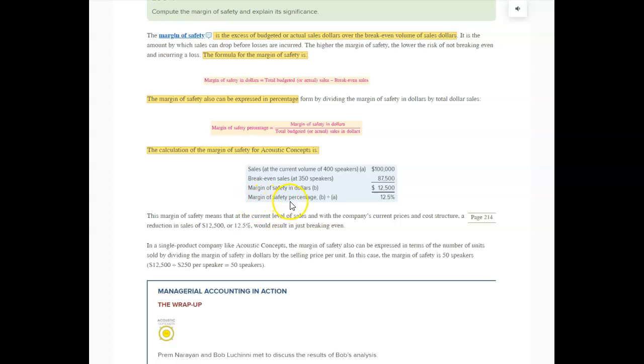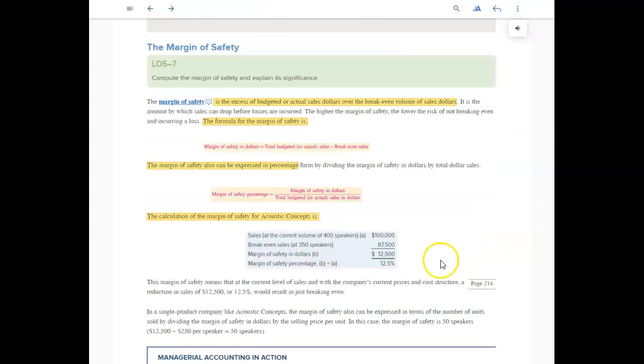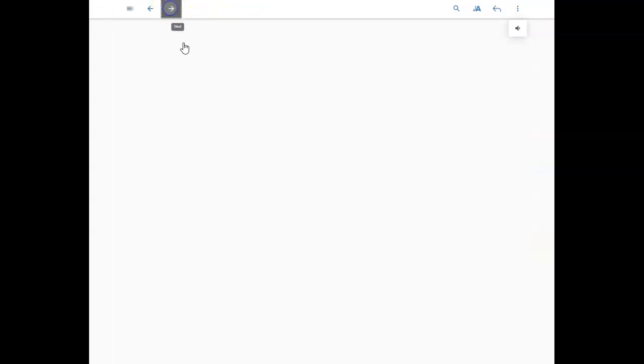For the margin of safety percentage, we divide the margin of safety, which is B, by the sales volume, which is A. So B, the margin of safety in dollars, divided by $100,000 in sales, gives 12.5%. So this just shows you how far past the break-even point that you are. Okay, next page.